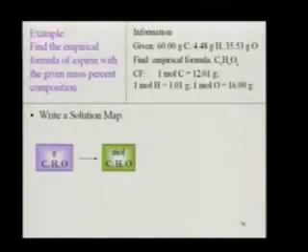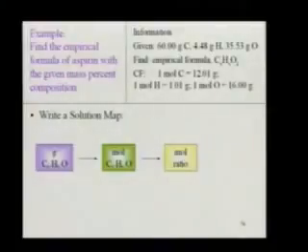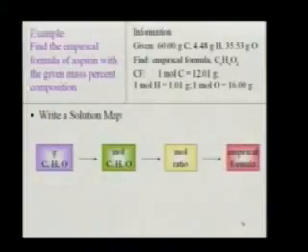We use molar masses to get from grams to moles. Once we get to moles, we can get what's called a mole ratio. I know how many moles of carbon are present relative to how many moles of hydrogen relative to how many moles of oxygen, and I can create a ratio up here where these numbers are. See what I mean? Then from that I can get the empirical formula.